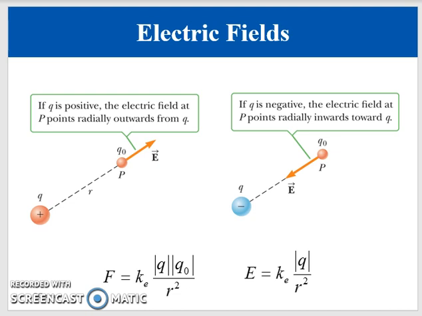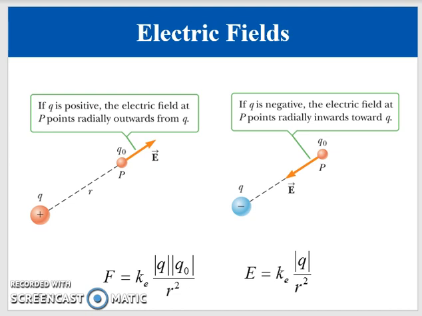The square of that. So another way to define the electric field is to say if I have a charged object, the electric field is going to be proportional to the amount of charge and divided by the distance squared of the point where I'm trying to measure the field.